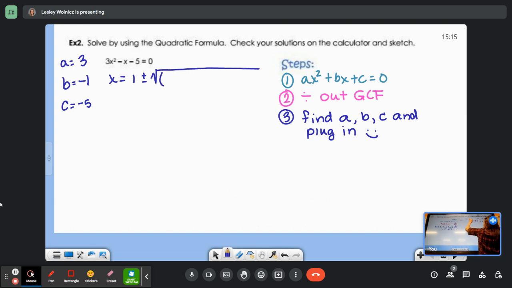When you square your B, remember to put it in parentheses. If you try to square a negative 1 without parentheses, your sign will be wrong and it will mess up your whole problem. Okay, negative 4 times our A of 3 times our C of negative 5. The whole thing divided by 2 times the A.